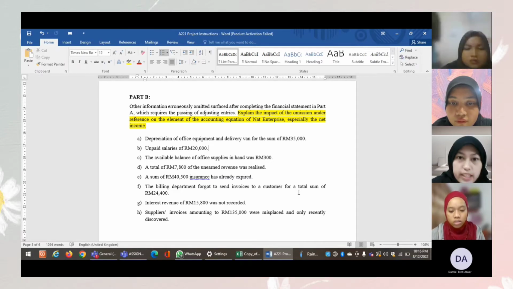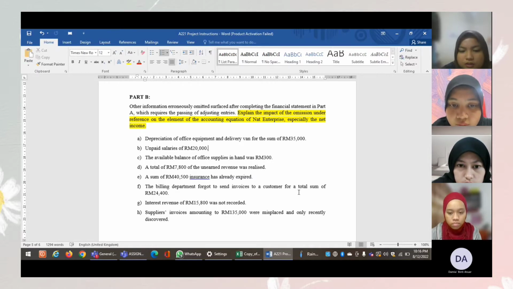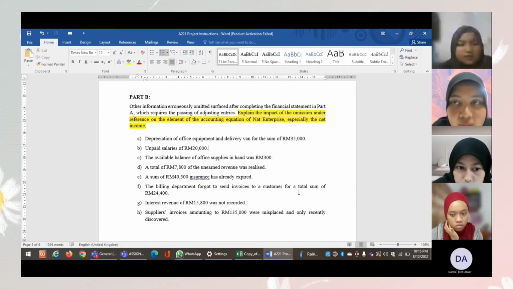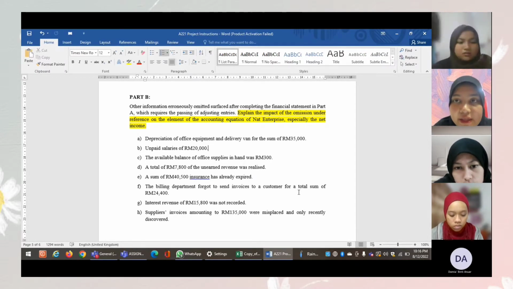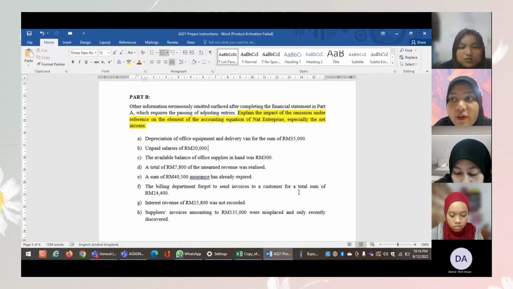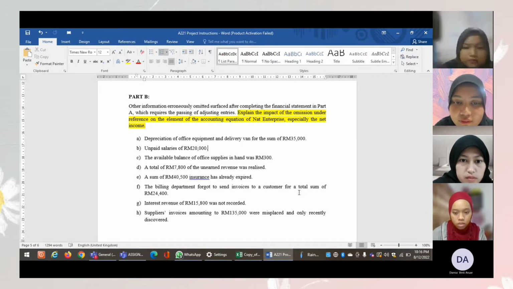May I know what you mean by understated? Understated means that the amount that is reported on the financial statement is less than it should be. Do you understand? Okay, thank you.